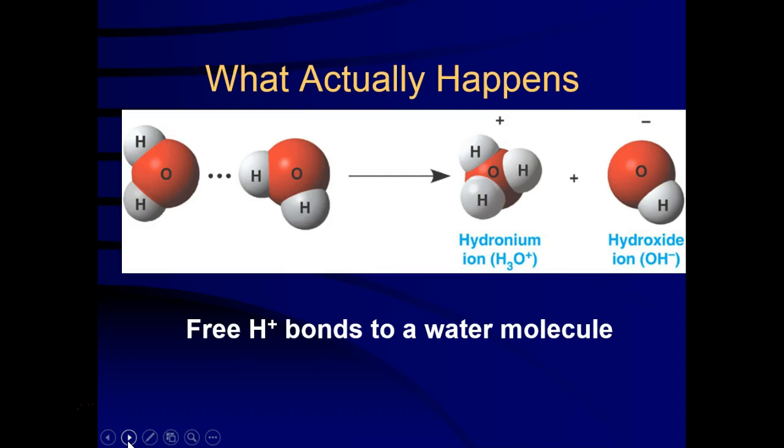In chemistry, that's what we usually refer to as the hydronium ion concentration. That's a measure of how many water molecules have actually dissociated. But in biology, we're going to keep this a little simple, and I'm just going to refer to hydrogen ions as if they're just out there single. But in reality, those hydrogen ions will often go and bond to a water molecule, forming what we call a hydronium ion.